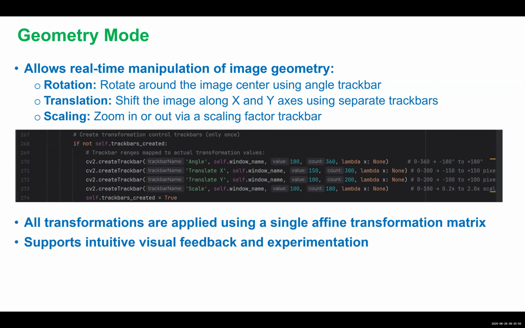Geometry mode allows real-time manipulation of image geometry. Rotation: rotate around the image center using an angle trackbar. Translation: shift the image along X and Y using separate trackbars. Scaling: zoom in or zoom out with a scale factor trackbar.